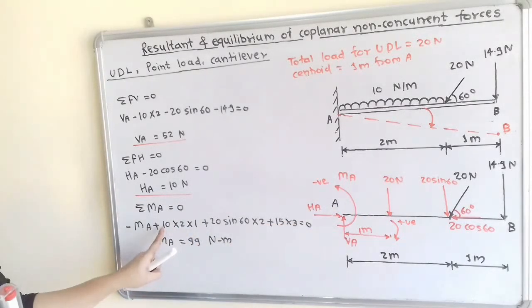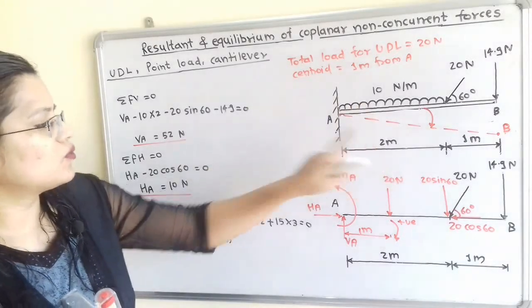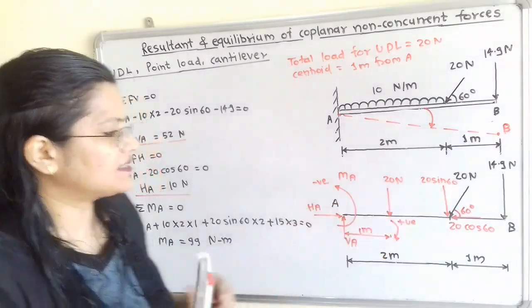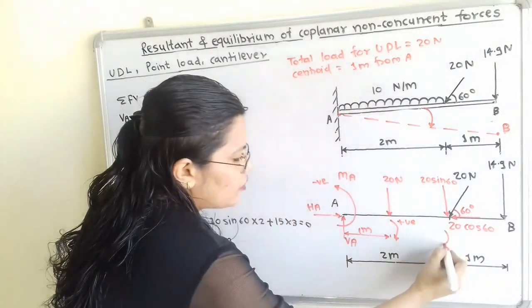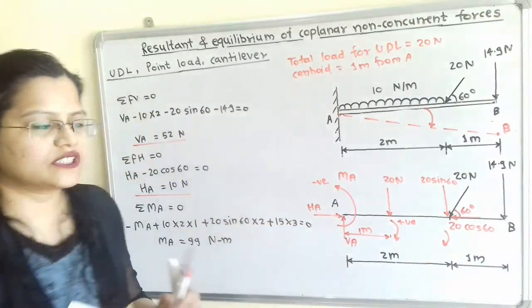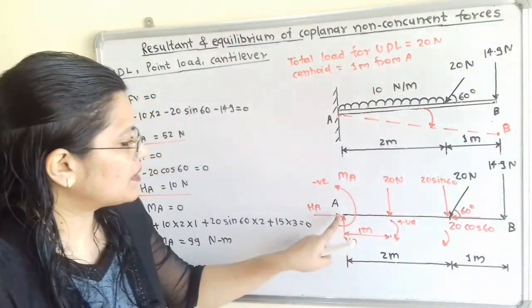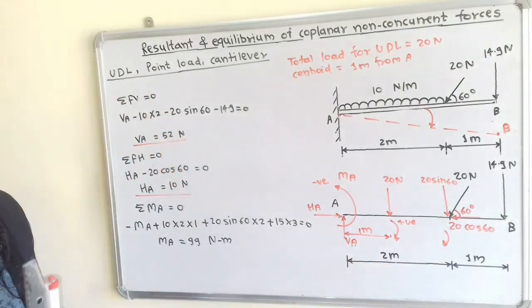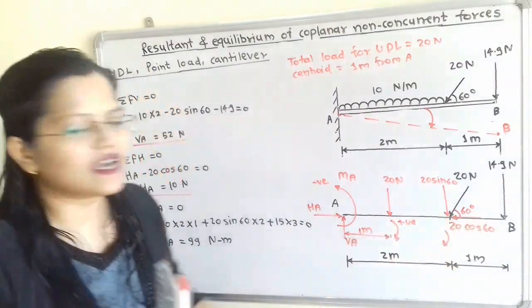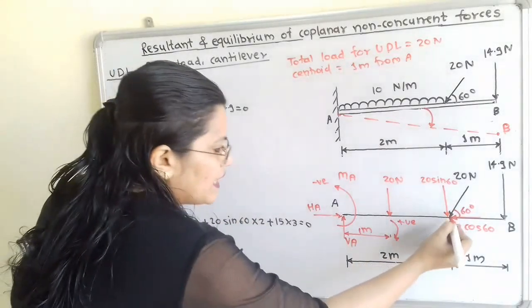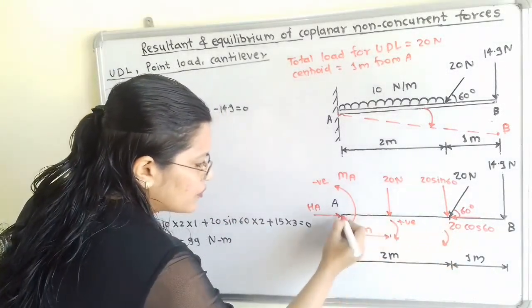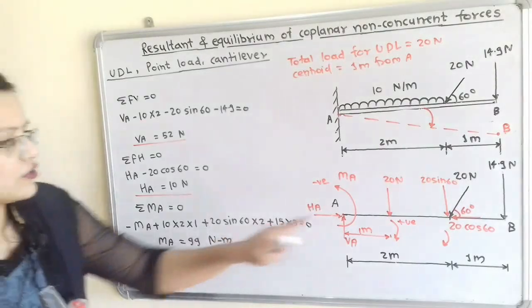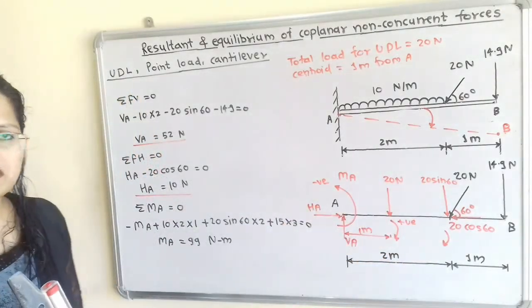I have written here 10 into 2, that is 20 multiplied by 1. Now next, here is 20 sin 60. Again it is in the clockwise direction, so we have to use positive sign. So 20 sin 60 multiplied by perpendicular distance, which is 2 meter. Now if we move to the horizontal component and extend the line of action of the force, it is passing through point A. So the perpendicular distance is 0, so we are not going to consider this component.